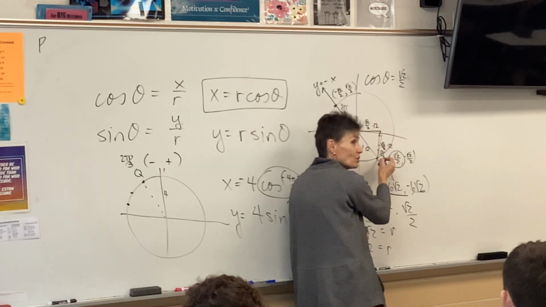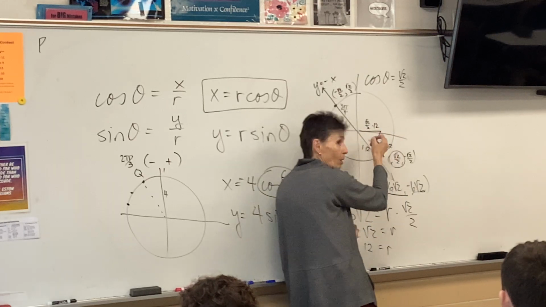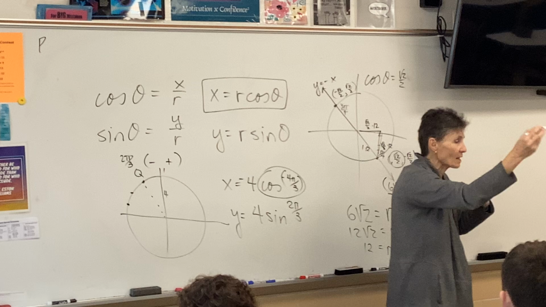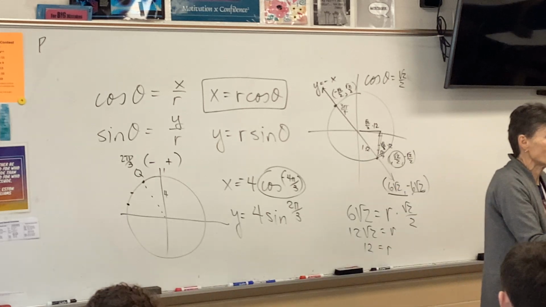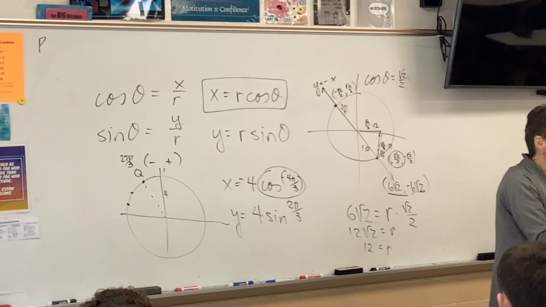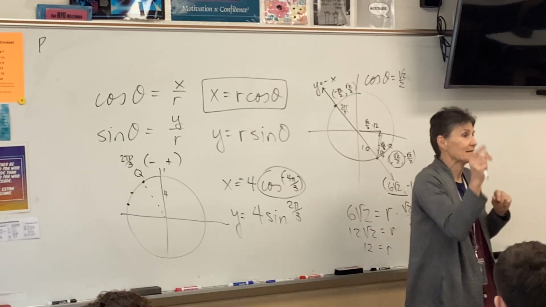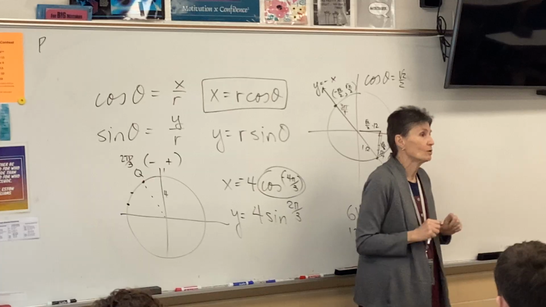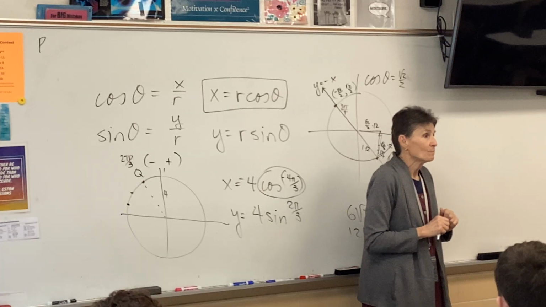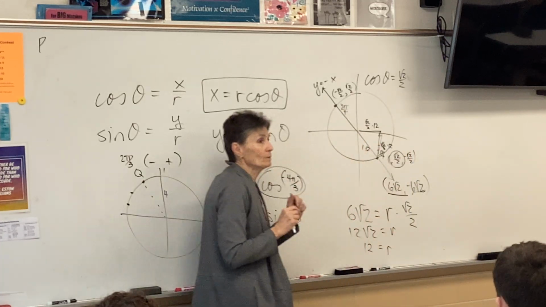The ratios, adjacent over hypotenuse, opposite over hypotenuse, don't change. Every time you see a pi over 4 angle, you're going to have root 2 over 2 as your sine and cosine. That will never change. That's why the unit circle is so important, because it gives us the sines and the cosines for all those angles.